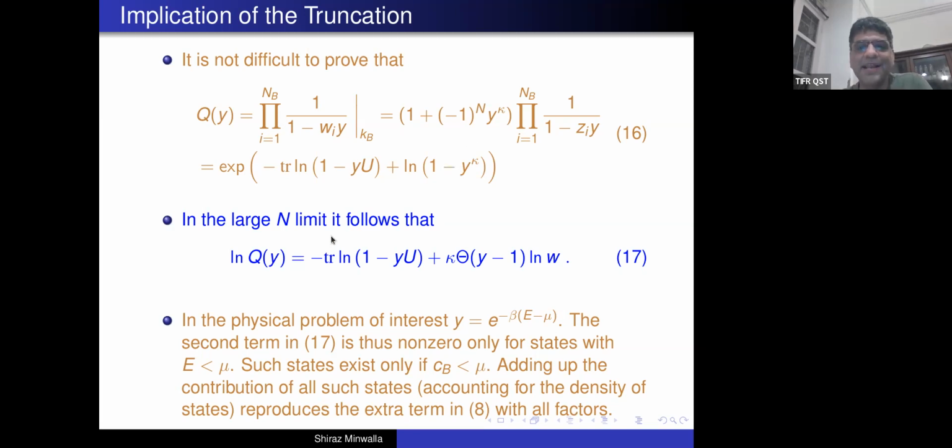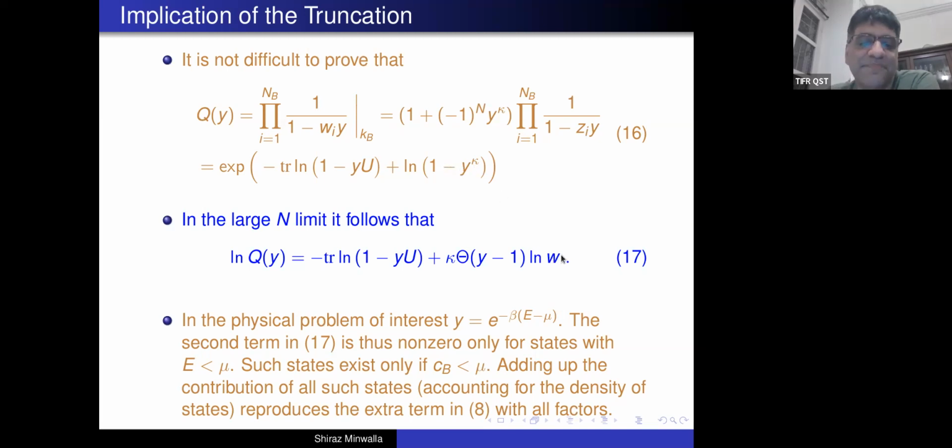Now, in the large n limit, this extra funny term is simply the following. If y, this quantity here, is greater than 1, then this quantity is simply kappa times log y.